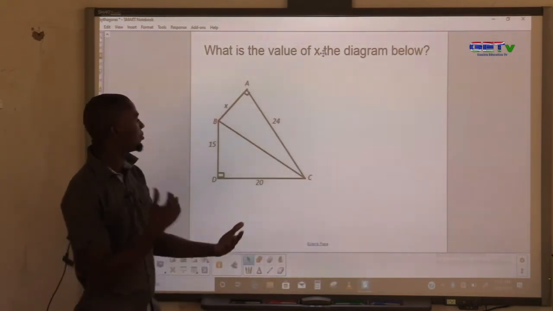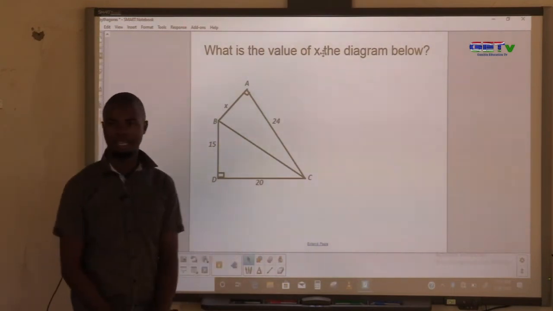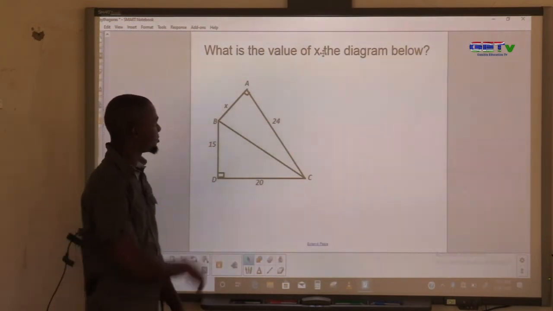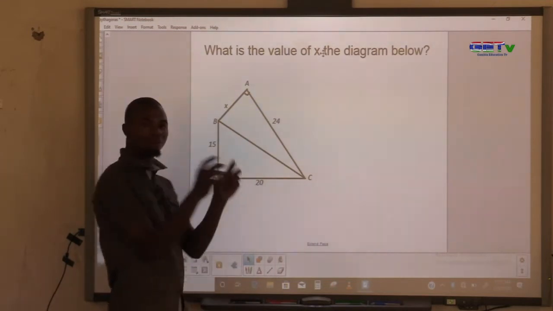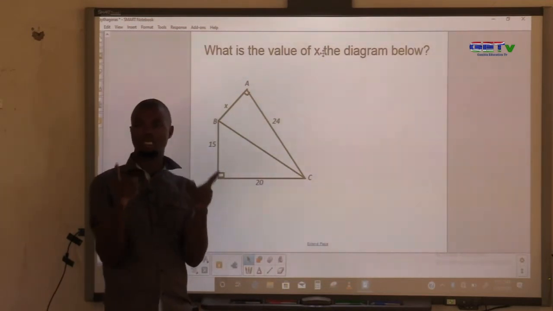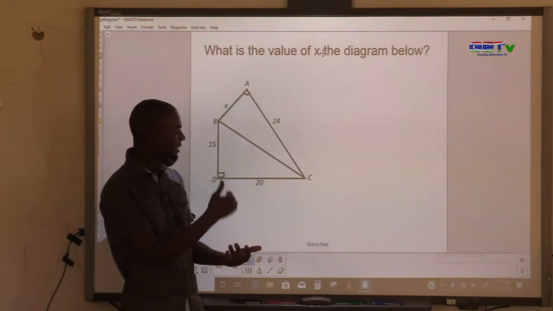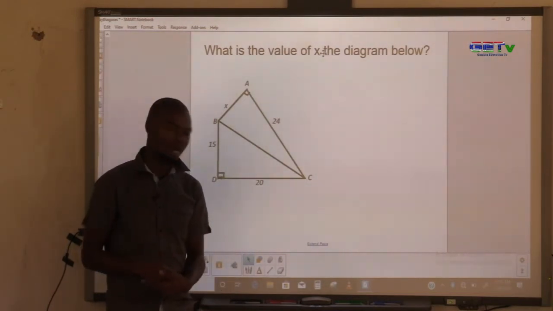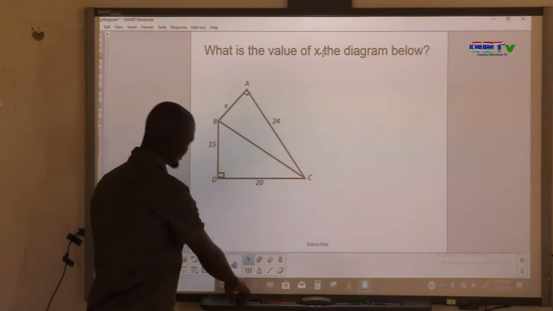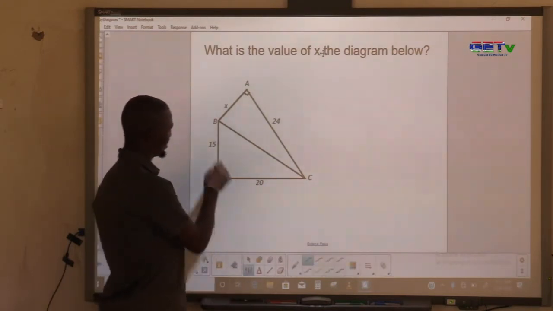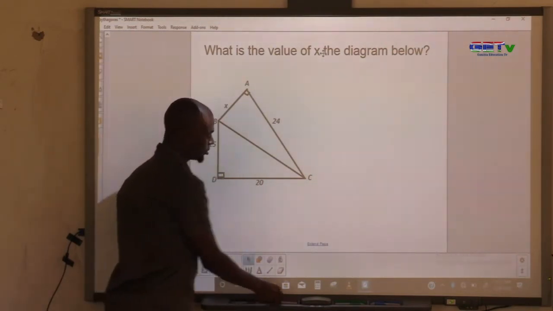Now we are asked to find the value of x. We first look at one of the right angle triangles where you have two sides. Find the third side of that one, and that third side will help you to find what you are asked to find. So we do that. This is the first right angle triangle.